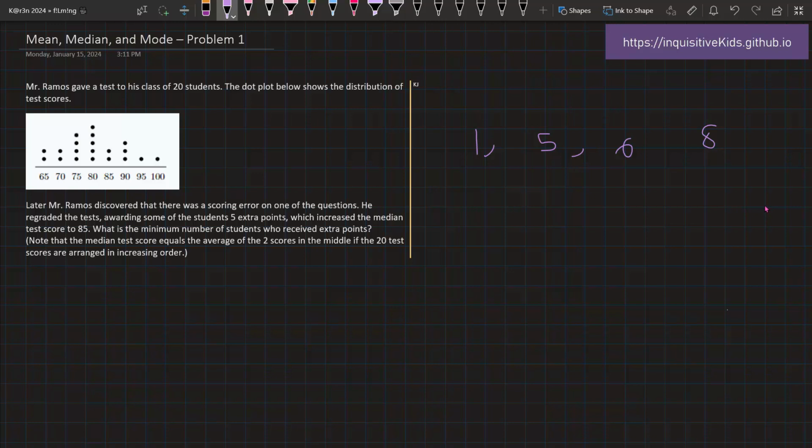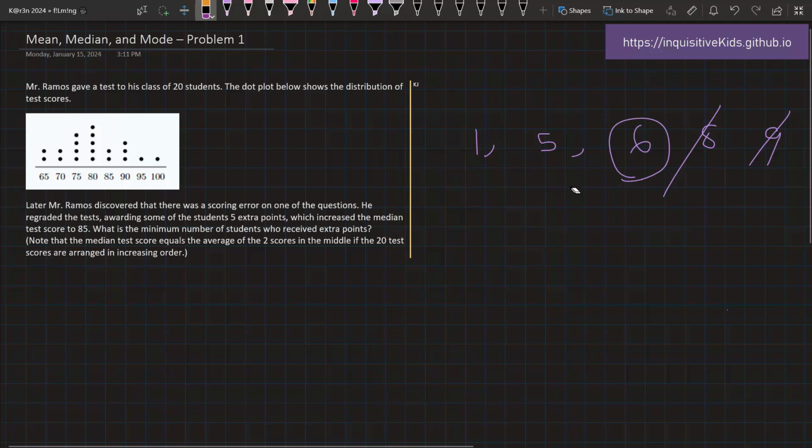And the median would be the middle number of the series. For example, if there were 5 total numbers, 1, 5, 6, 8, 9, the median here would be 6 because that's the middle number. You can find the median by starting from both ends of the data set and crossing 1 off of each. So 1 and 9 are crossed off, 5 and 8 are crossed off, and then 6 is the remaining one in the middle.